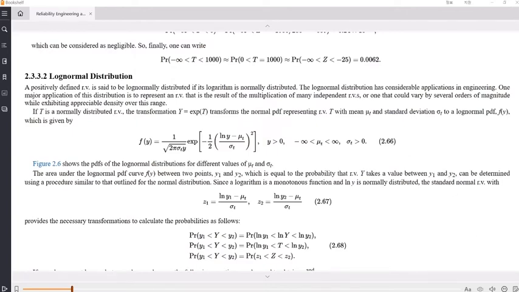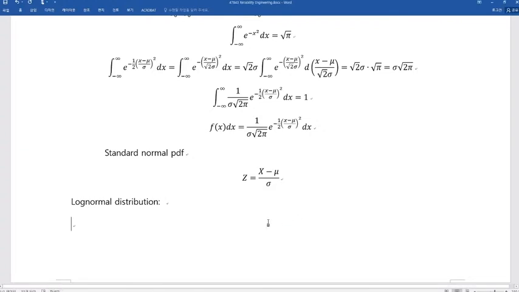With this relation, the important characteristic of log-normal distribution is that here we assume that x is normally distributed.